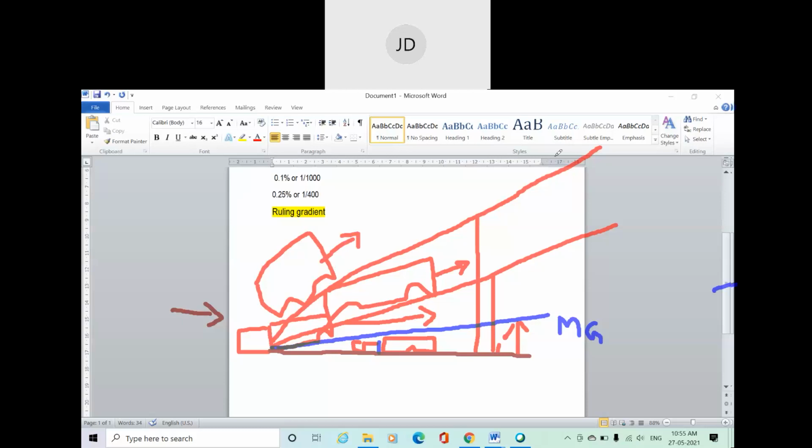Fine. From this, we can say that this train can only move up to this elevation, this one, smoothly without additional engine power. Up to this gradient line, the train can move smoothly.